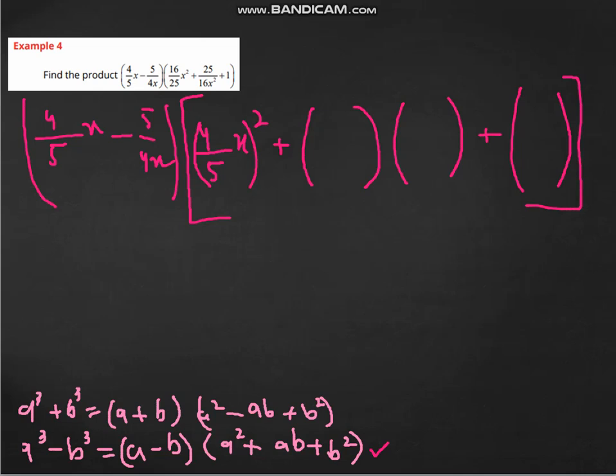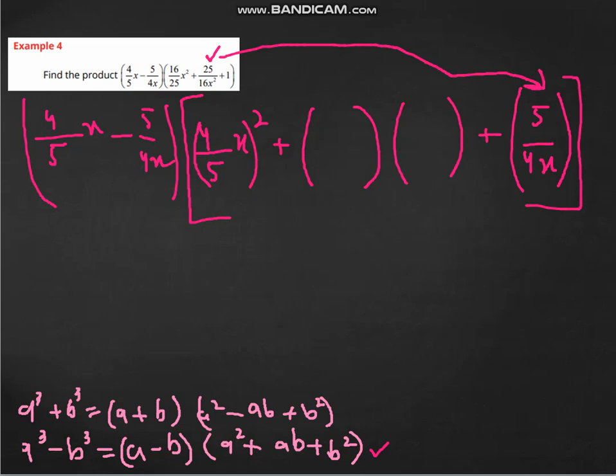So 25 upon 16x squared would be 5 upon 4, because 5 times 5 is 25 and 4 times 4 is 16. So this right here is basically this b squared.